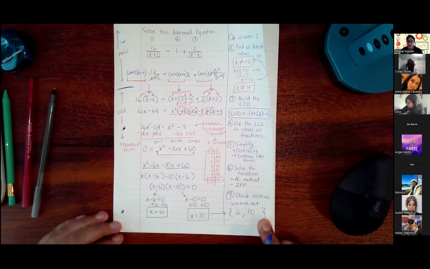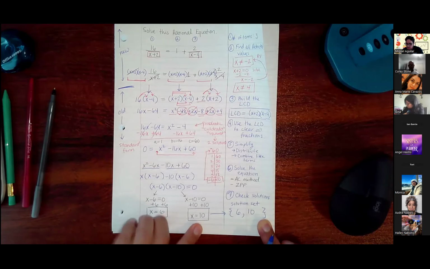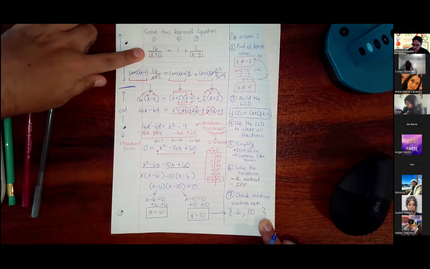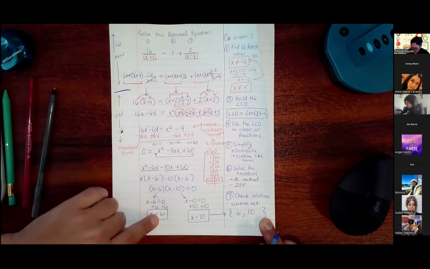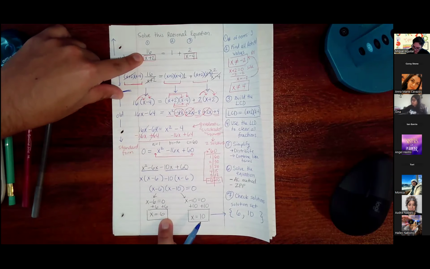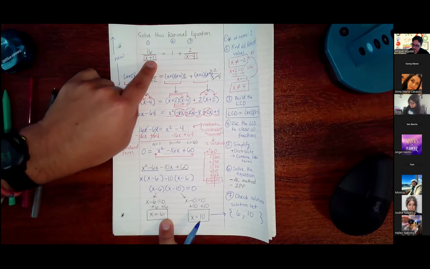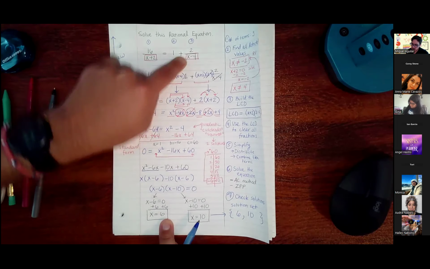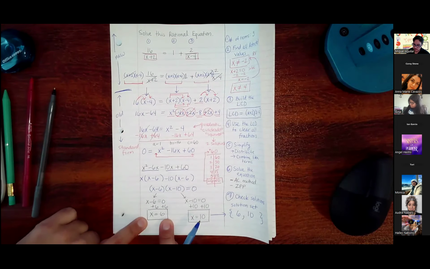Okay? Like I said, when we were solving radical equations, I told you to take your solutions and plug them back into the original equation. So we could do that here if we wanted to. We could take the 6 here and then say, if I want to be super thorough, I'm going to take 16 over 6 plus 2 and see if that's equal to 1 plus 2 over 6 minus 4, plugging in that solution.